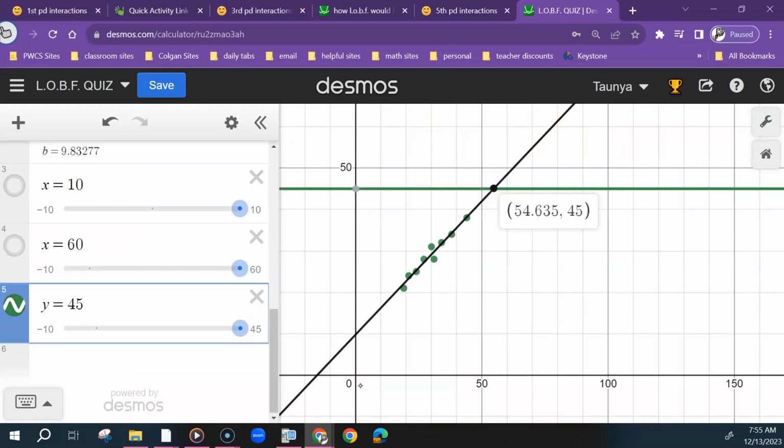And then I accepted different answers. 54.635 would have put it exactly at 45, but I still accepted that. 54.63 would have been a little over 45, and I would have accepted that. 54.6 would have also been over 45, and I would have accepted that. If you rounded it to 55, as long as you put the units, I accepted that. Anything over that was way too much. So don't round too much.